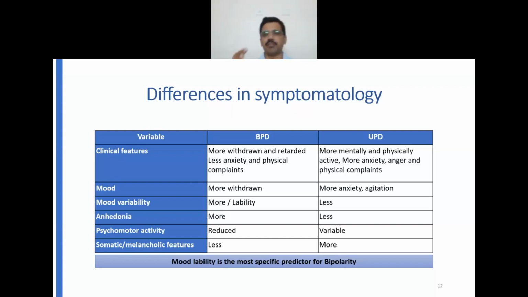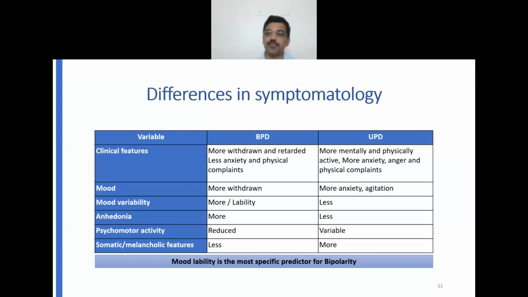In bipolar depression, the patients, as I told you with an example, are more withdrawn and retarded, as compared to unipolar depression, where they are mentally and physically more active. The anxiety symptoms and the somatic complaints are much less, but in unipolar depression these anxiety symptoms, anger, and agitation are much more. In mood, the patient will be more withdrawn and retarded.